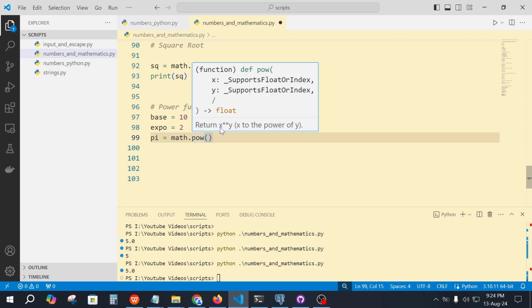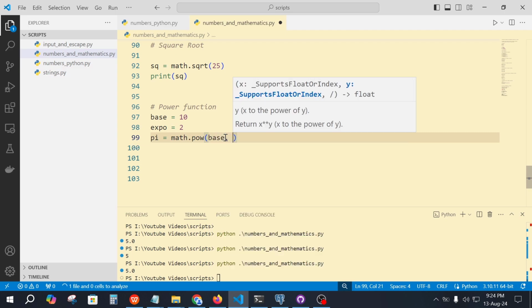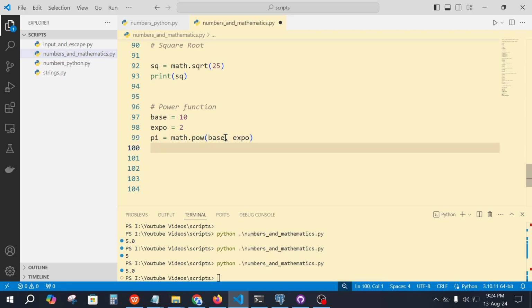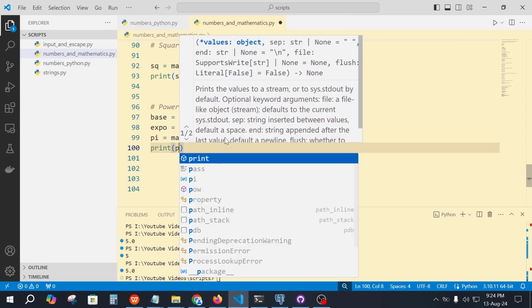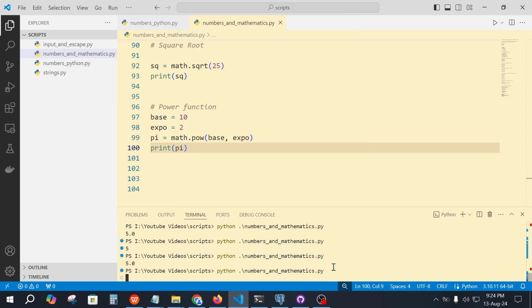So this is returning x to the power of y. First we give it x, which is base, and second one is exponential, which is expo. Now if I print pi, 10 to the power 2 should be 100.